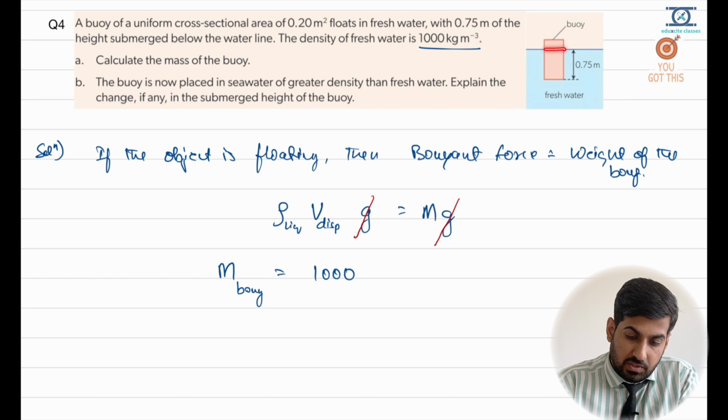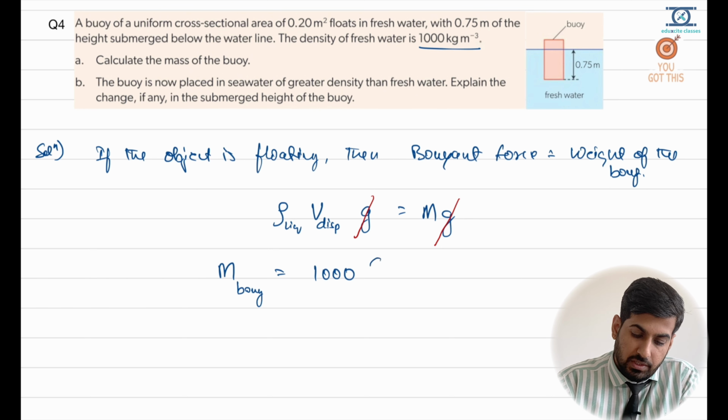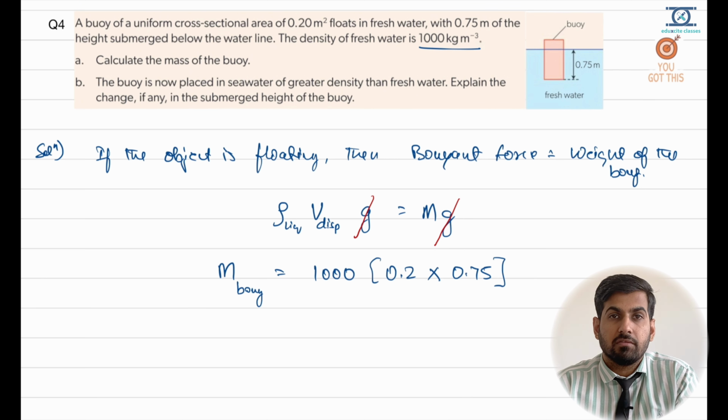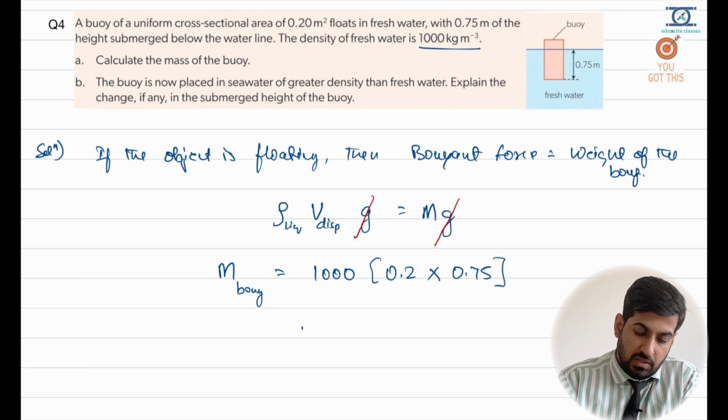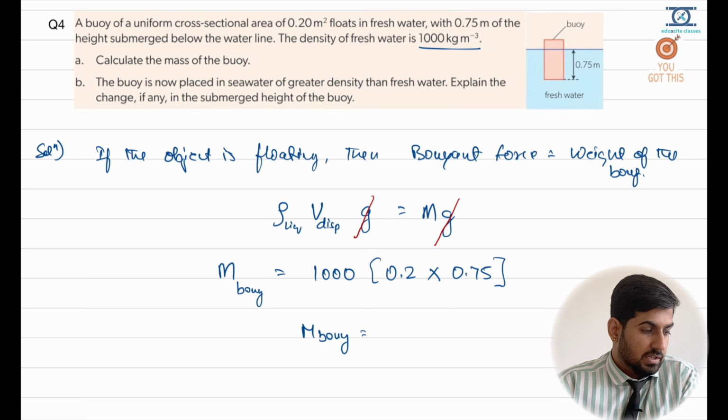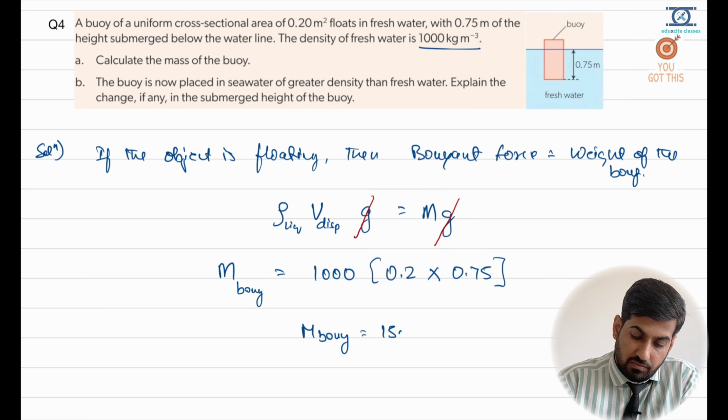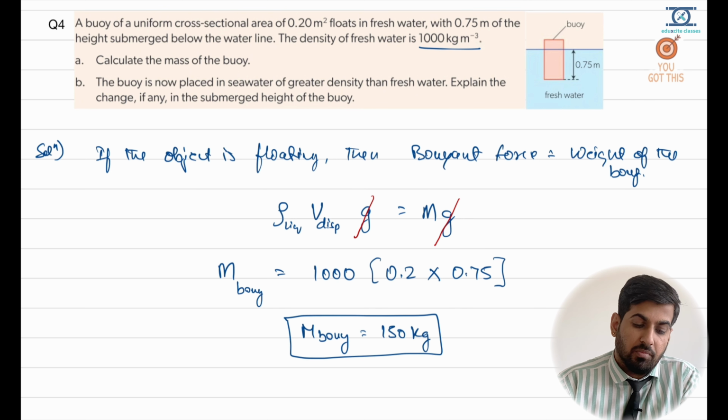You can see only this much volume is submerged, so the cross-sectional area is 0.2 and the submerged height of the buoy is 0.75. If you do this calculation, you will get the mass of the buoy as 150 kg. So that's the answer for part A.